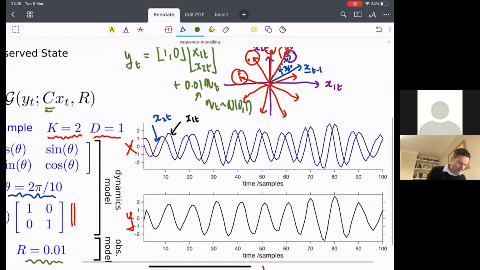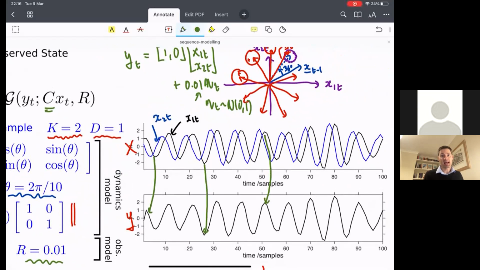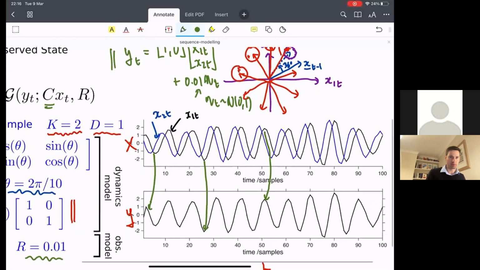You can see that the y value here looks like the black curve up here at every time point. So if I draw this across at simultaneous time points, you can see that y is an ever so slightly noise corrupted version of x1 of t in line with these expressions up here.